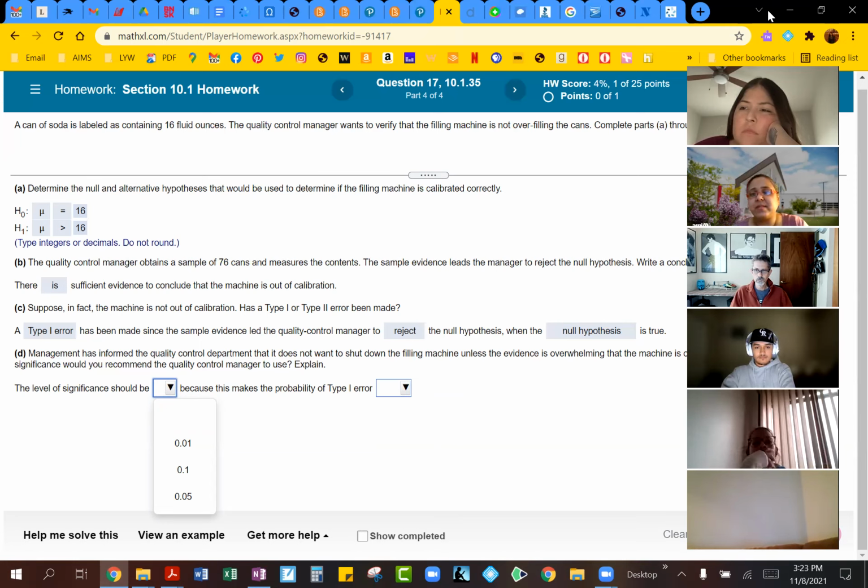Are the consequences big enough that we need to keep a low level of significance, or are the consequences not that worrisome that you can go with a higher level of significance? So if you had to try out, which number would you go with? 0.01, 0.1, or 0.05?